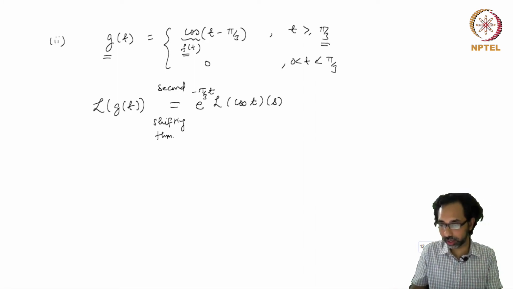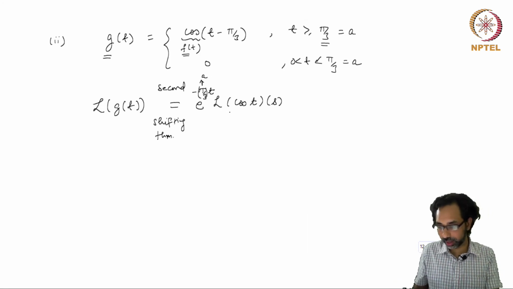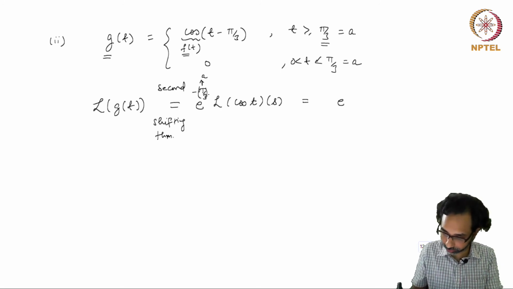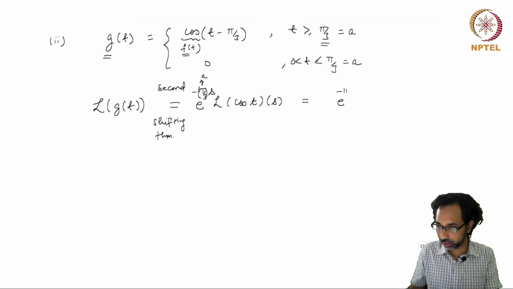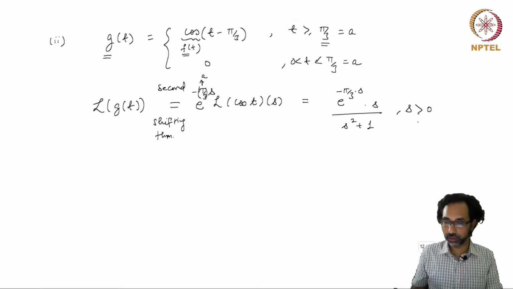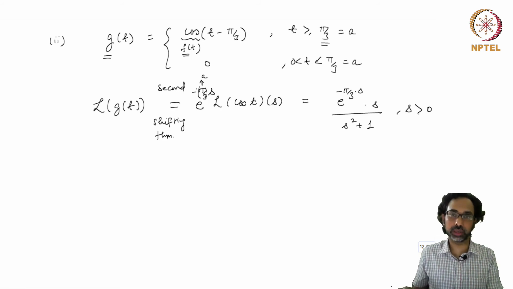So this is the a in the second shifting property, and we know what the Laplace transform of cos t is. In the end we get e to the power minus pi by 3 times s, times s over s squared plus 1, and here the region of convergence is simply s greater than 0. So we have applied the second shifting property for this example.